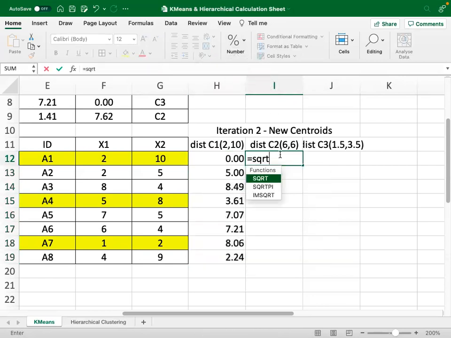Similarly, SQRT of (2 minus 6) to the power of 2 plus (10 minus 6) to the power of 2.